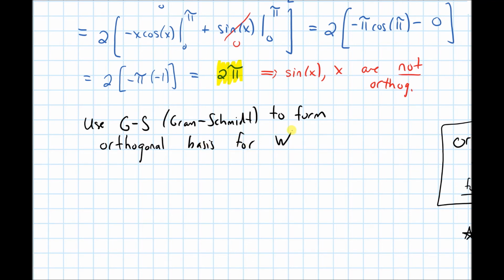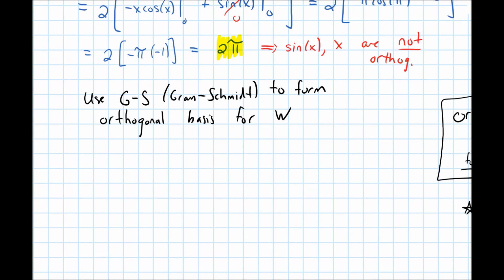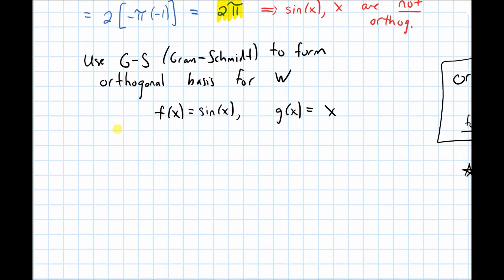Alright, so when we do Gram-Schmidt, let's recall what our two functions were originally. We had a function, I'll call the first function f of x. I'll let that be sine x, that was one of our functions. And the other function, I'll call it g of x. And our other function was just x. So when we do Gram-Schmidt, we introduce new variables for our new things. Usually with vectors, we call them v1 and v2.